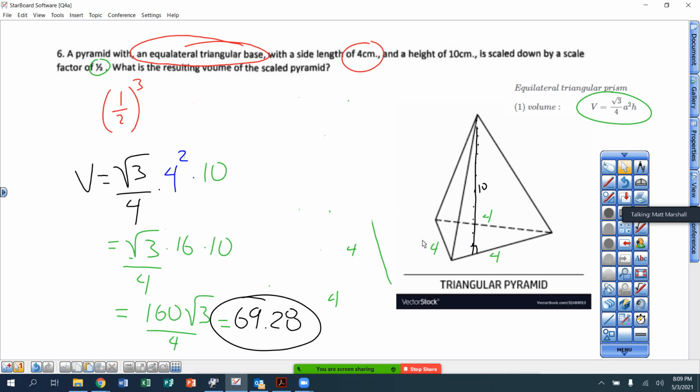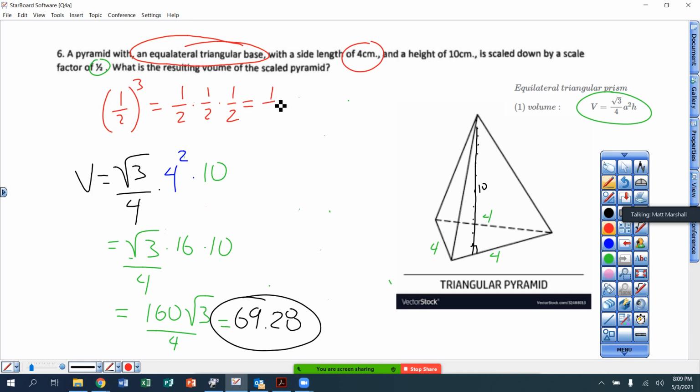So that would be you taking 69.28 and timesing it by, let's see, do you know what 1/2 to the 3rd power is? Do you times 3 of those 1/2s? Yep, it'd be 1/8.